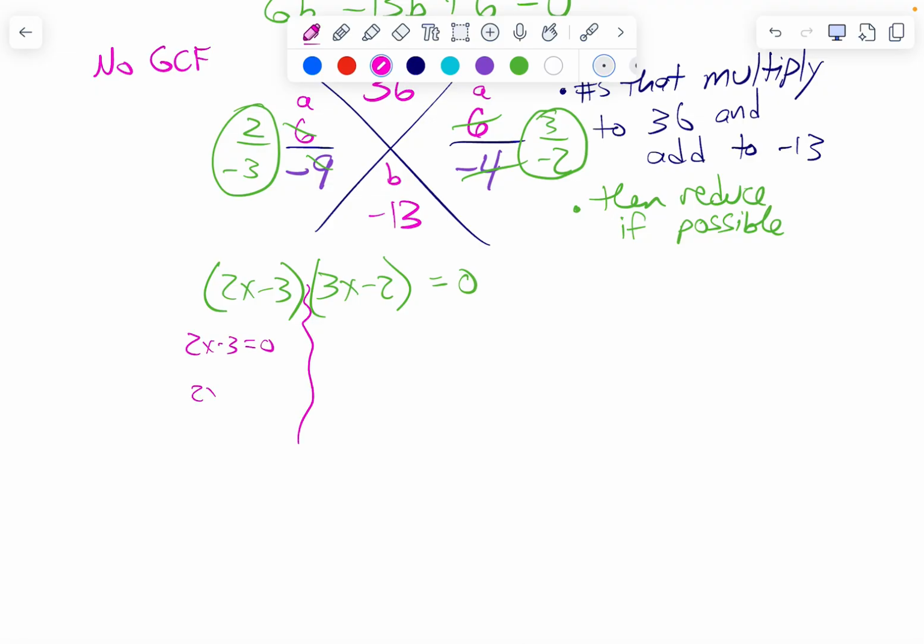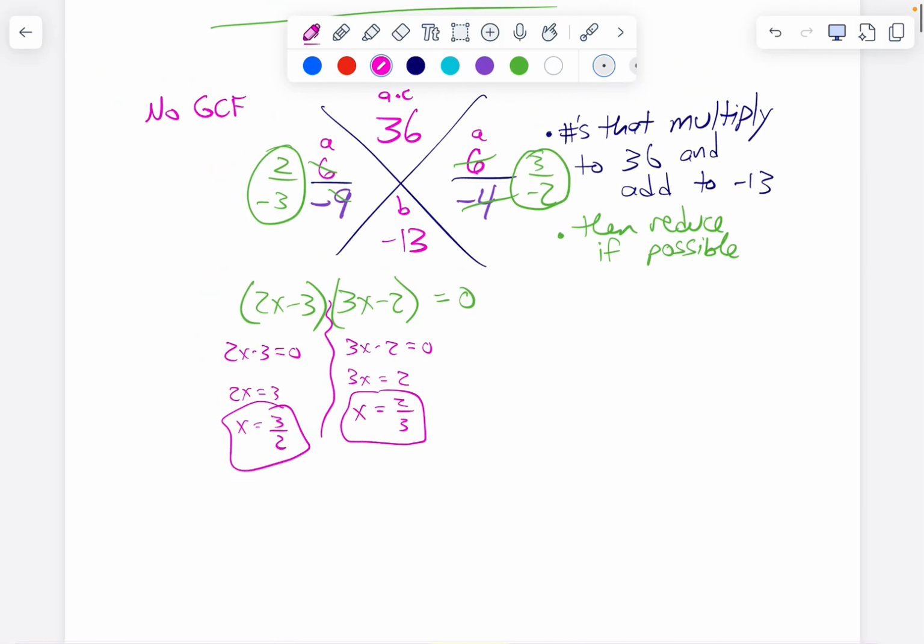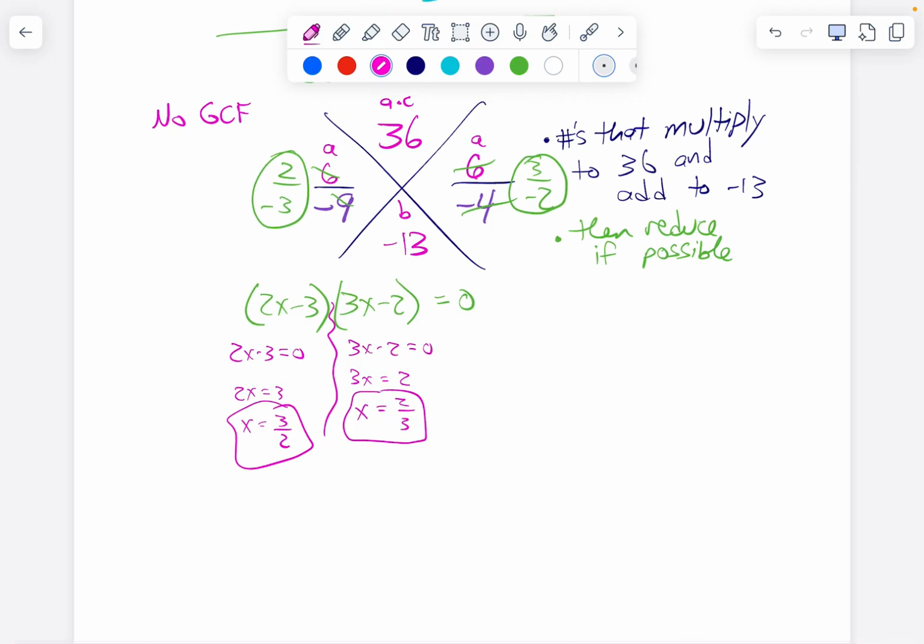So 2x equals 3 and x equals 3 halves. Over here we do the same thing. 3x equals 2, x equals 2 thirds. Now it's not like a pattern or anything that they are reciprocals of each other. It's kind of interesting in this case that it is, but don't make that into something.